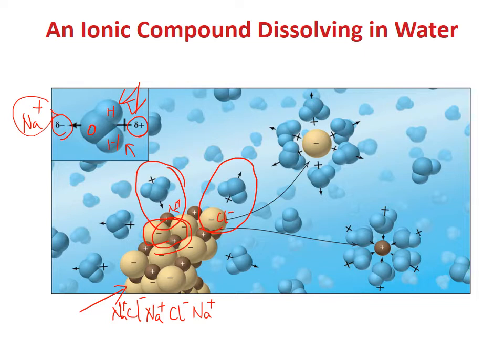Each chloride ion is surrounded by water molecules, and each sodium ion is also surrounded by water molecules, and this prevents these ions from going back to the solid.